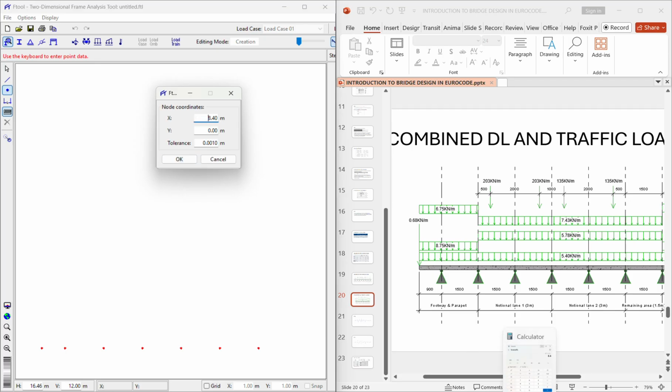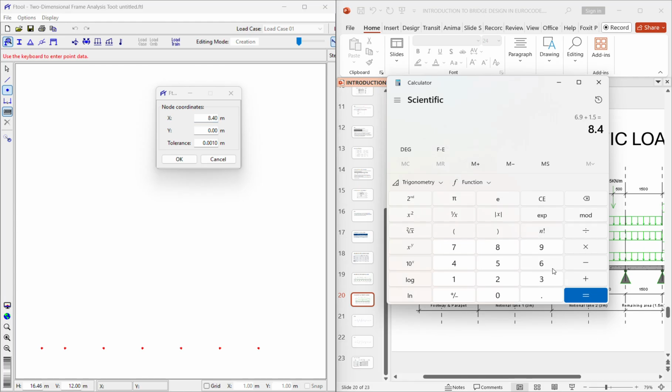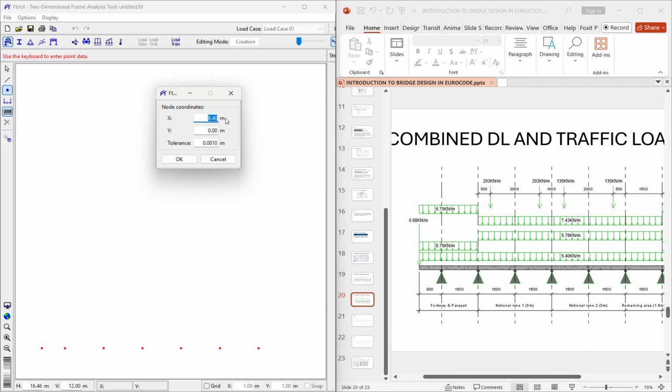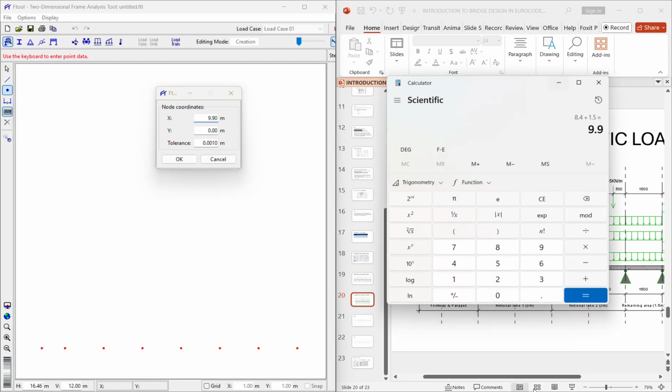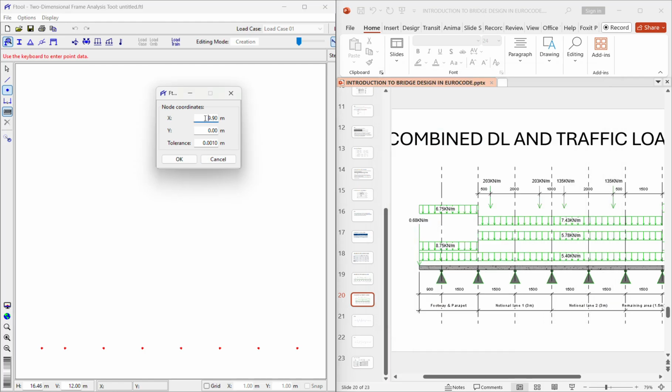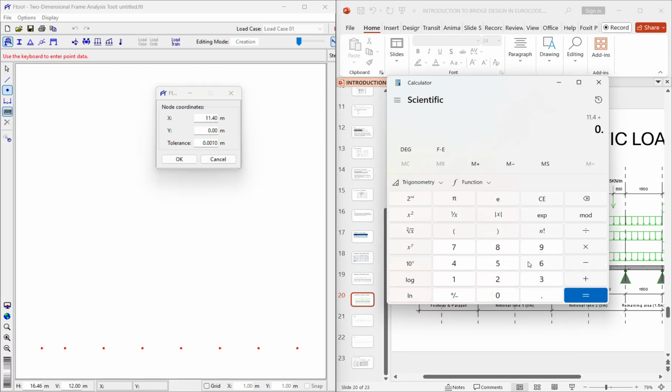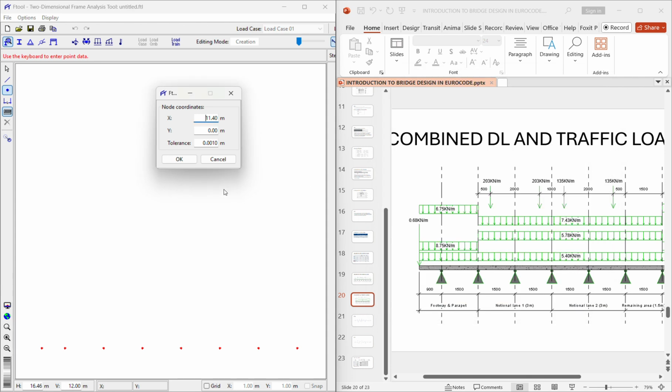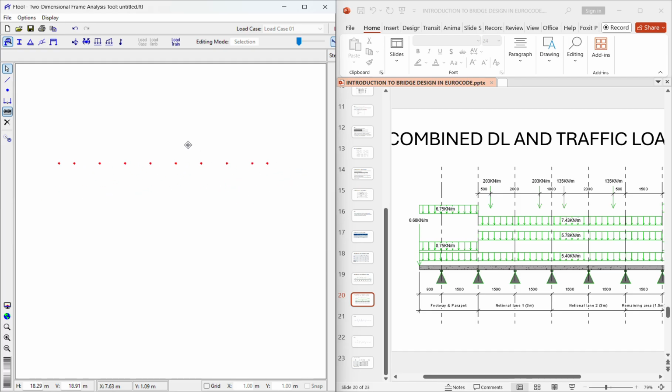Okay, and then 9.9. And then 11.4. And lastly, plus 0.9, 12.3. So we have all our points.